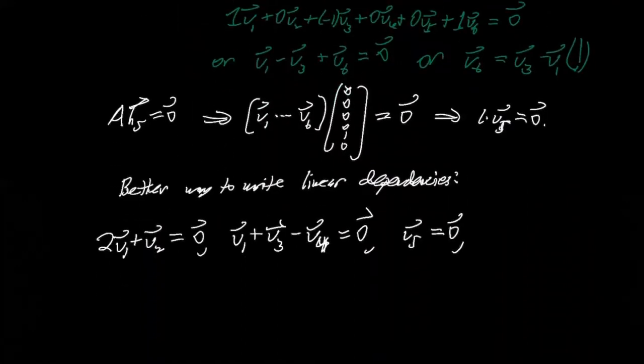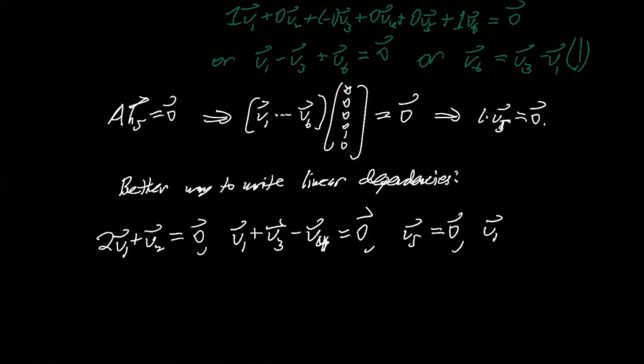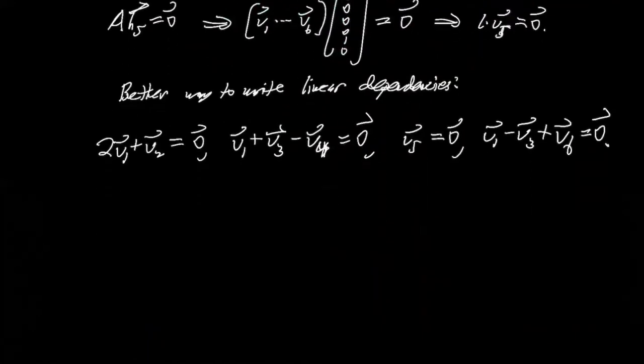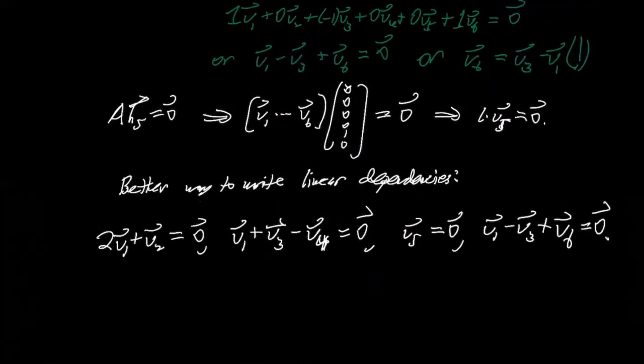And we can write v1 minus v3 plus v6 equals 0. And there's a symmetry to putting them all on one side. And I'll get into this more in the next video as to why we like this when I define linear dependence and independence a little more formally. Okay, I'll just stop there now that I've piqued your interest.